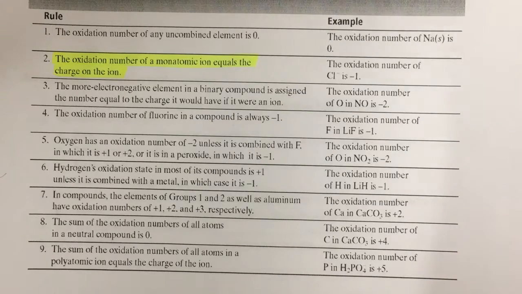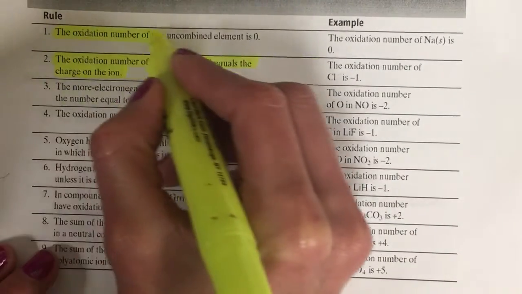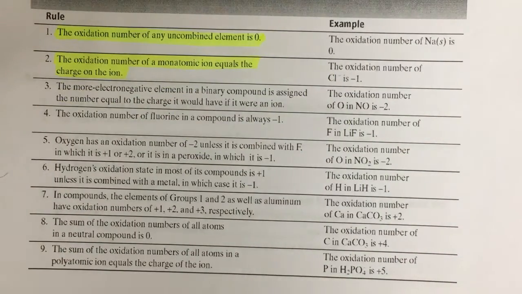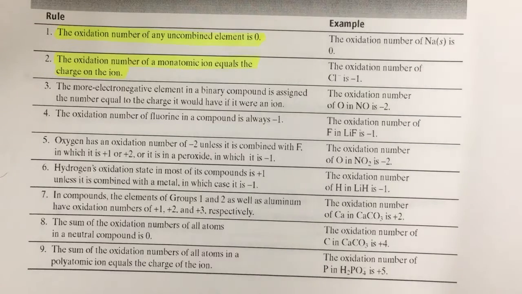If I have an element, so just regular sodium, not NaCl, it's going to be 0. Now, there are a bunch of other rules, but basically, one of the things that we usually want to start with is our elements. Elements are always 0. Our ionic compounds, our ions are always their charge.